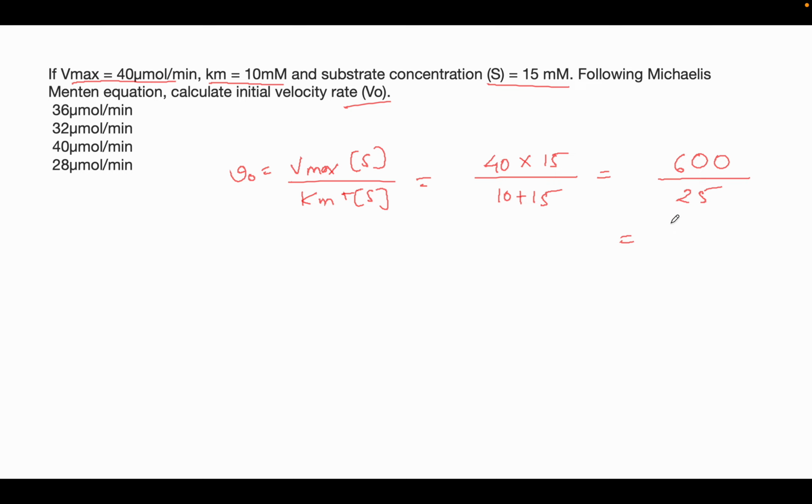So this will give us 24. Okay. But it is not in the options here. But the correct answer is 24.